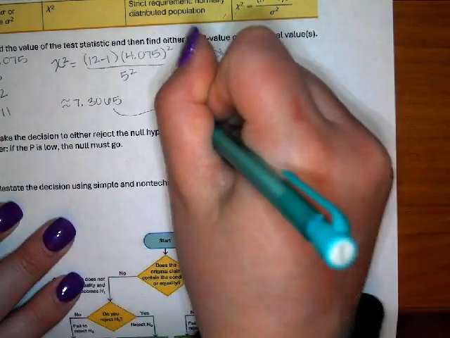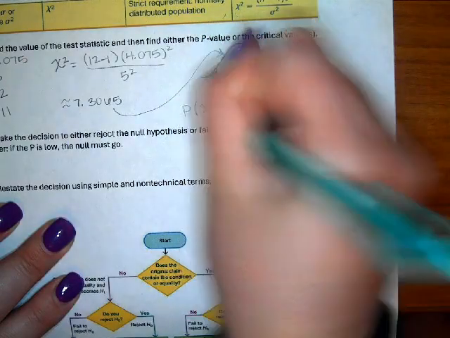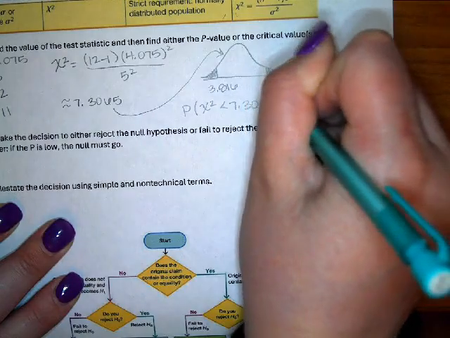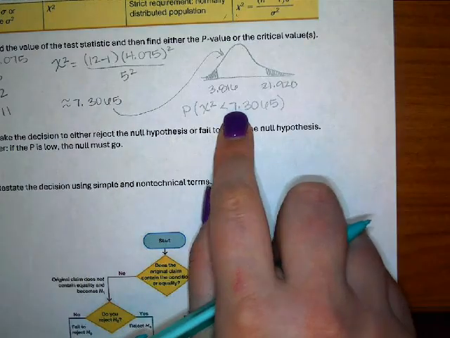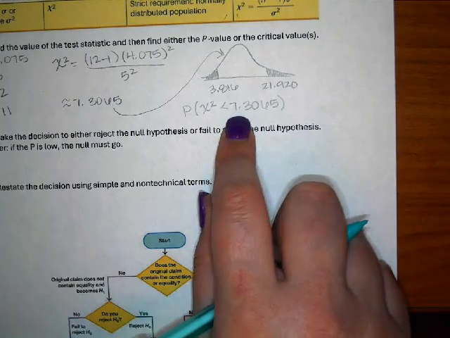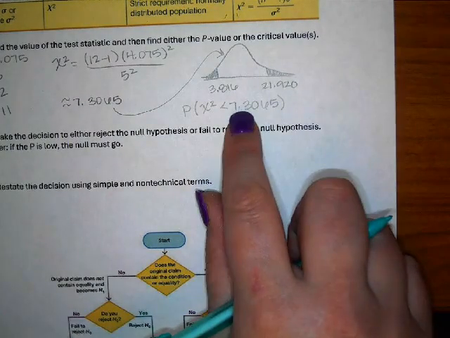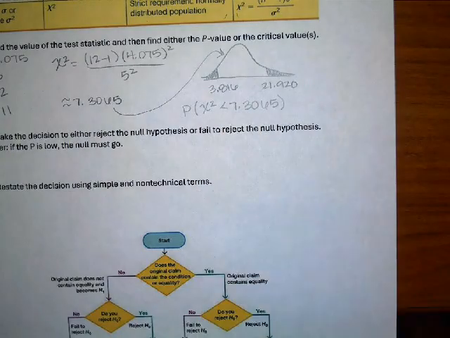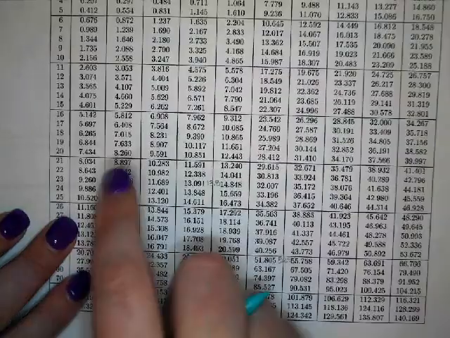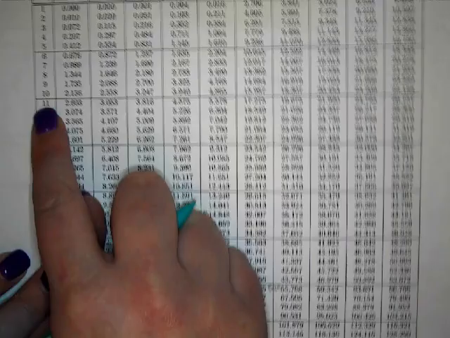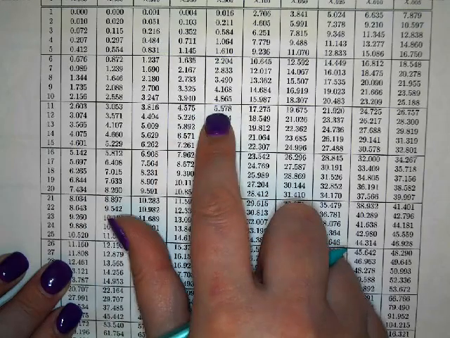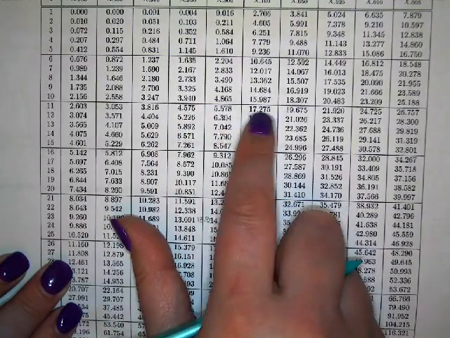And so I'm going to say the probability that chi-square is less than 7.3065. And so I'm going to grab my distribution table and figure out where 7.3065 falls on the table. So here's my degrees of freedom, and it's in between here. So 7.3 is somewhere in between here.